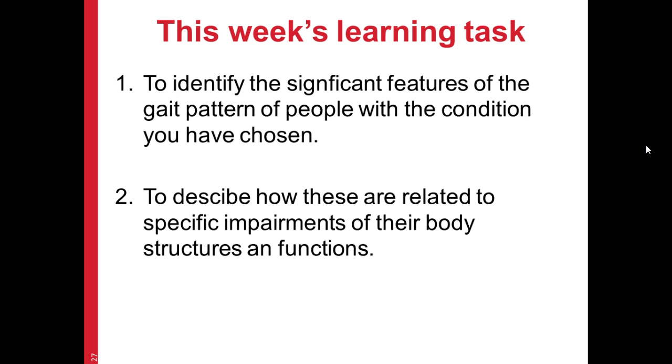The first part is to review the literature to try and identify how a patient's walking is affected by the condition, and in particular to identify the significant features of the gait pattern of people with the condition that you've chosen. The second part is to describe how these features are related to specific impairments of body structure and function, which are a consequence of that condition.